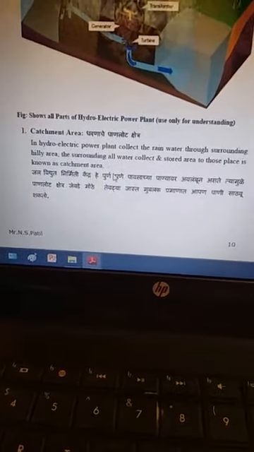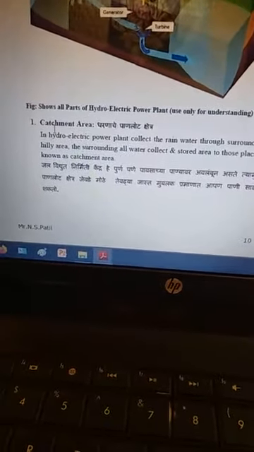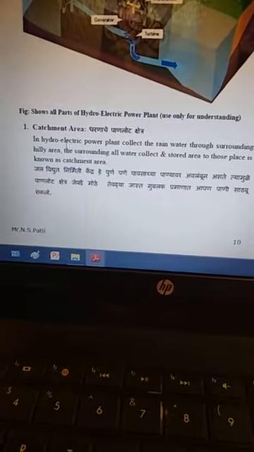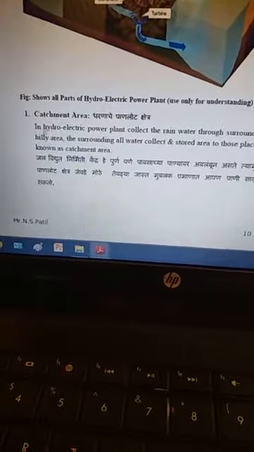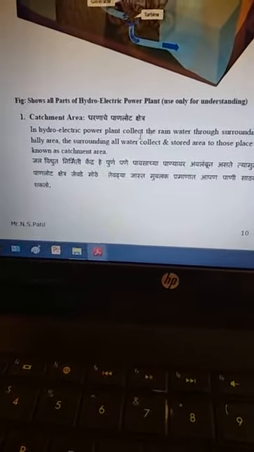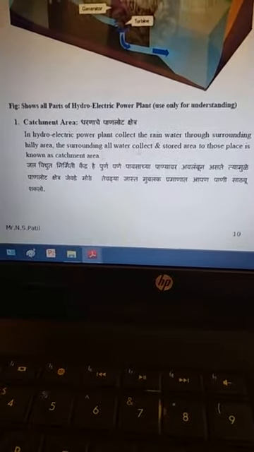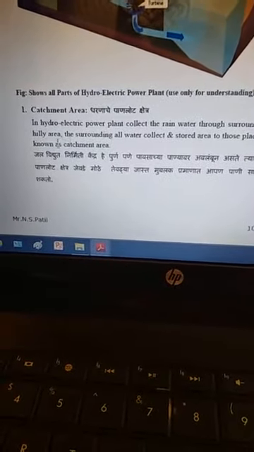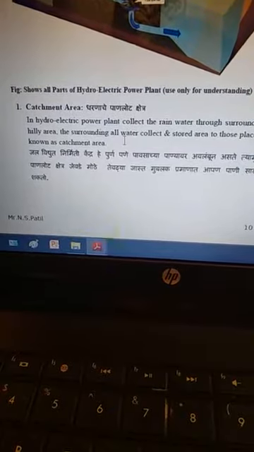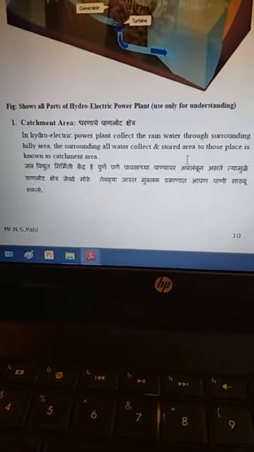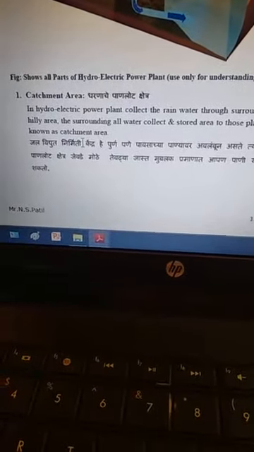What is the first component here? It is the catchment area. In a hydroelectric power plant, the surrounding hilly area collects the rainwater, and the place where all this water is collected and stored is known as the catchment area.